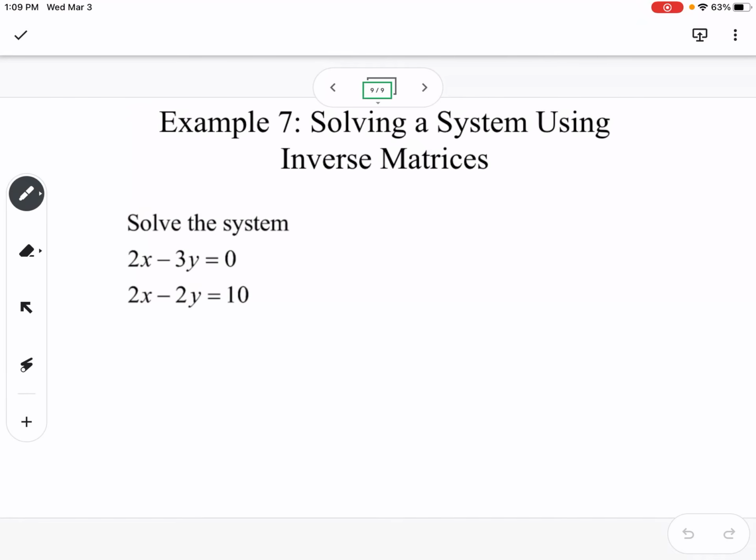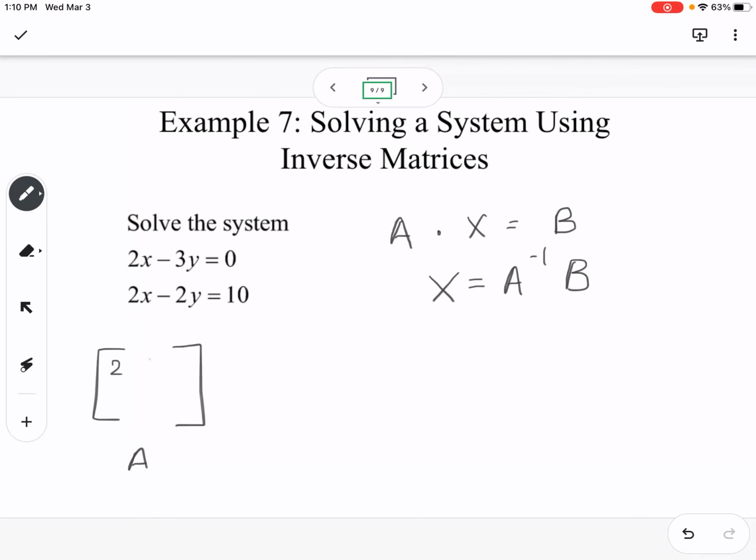So what we're thinking about here is that we have matrix A times our variables equals matrix B. If we want to solve for X using matrix operations, we would take the inverse of A times B. First of all, I'm going to make a matrix A right here that is just the coefficients.